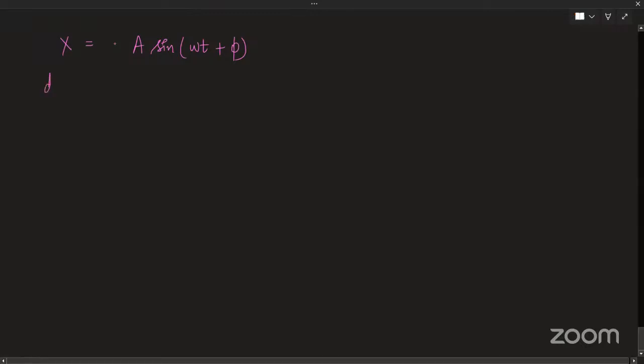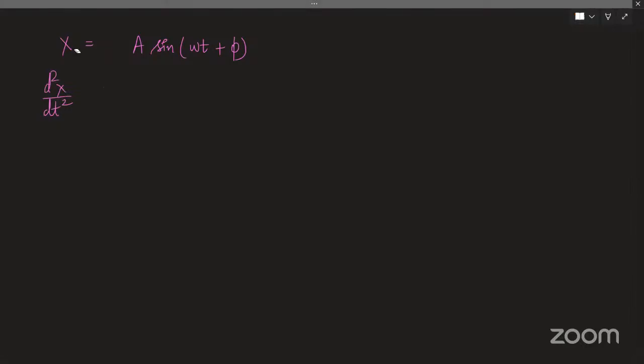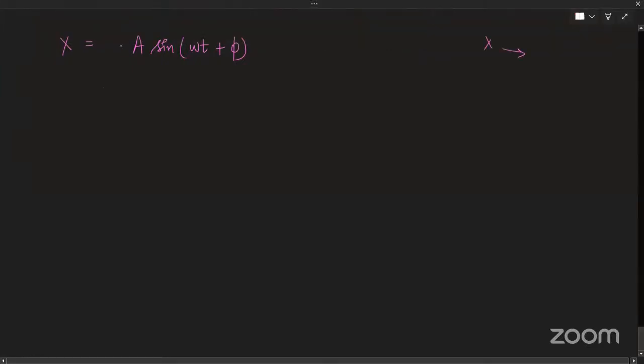When you take its second derivative with respect to time: you differentiate displacement with respect to time, you get velocity. If you differentiate velocity with respect to time, you get acceleration.